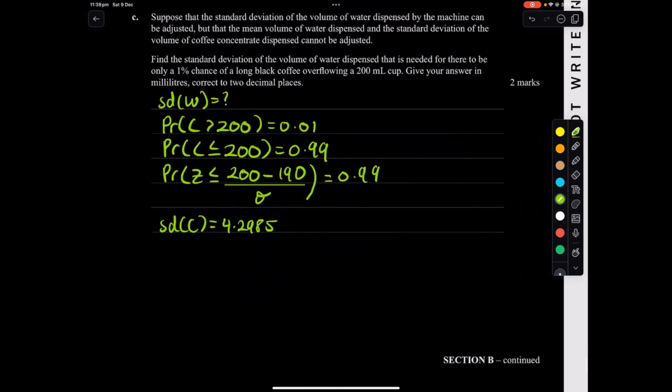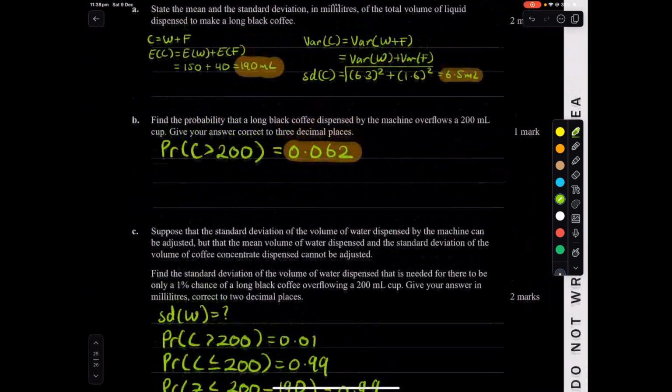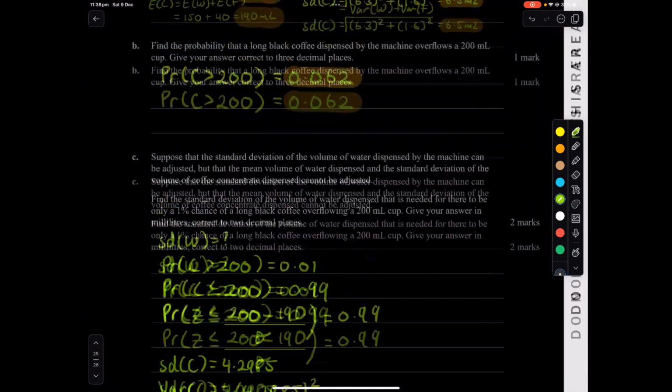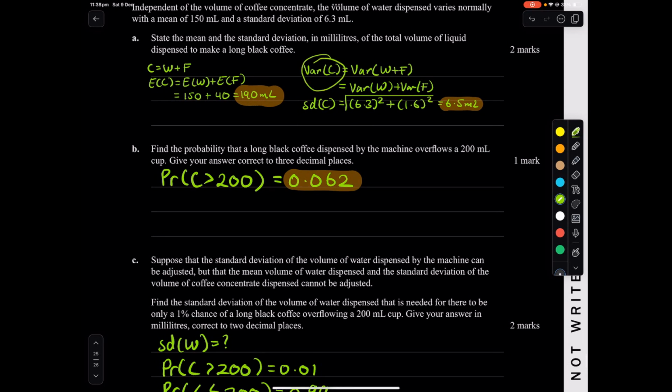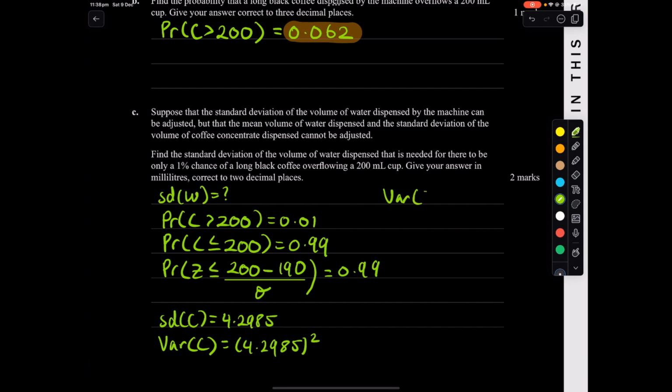Now, remember how we said, okay, let's bring this to variance. So to get the variance of C, it's the square of that value, 4.2985 squared. And we know from our original formula for C that the variance of C is equal to the variance of the water plus the variance of F, which is the coffee concentrate.